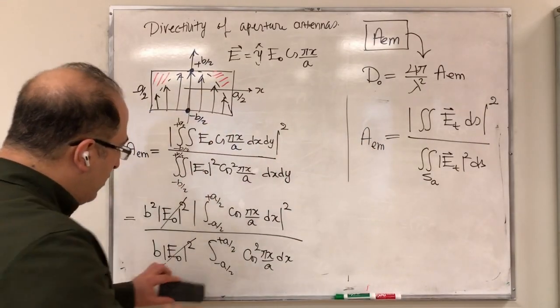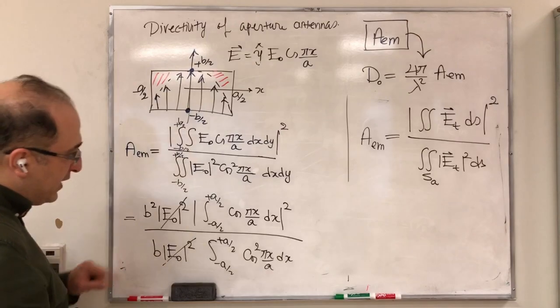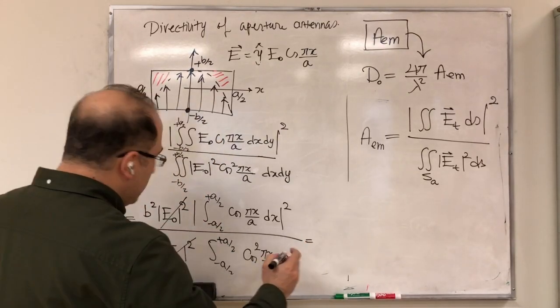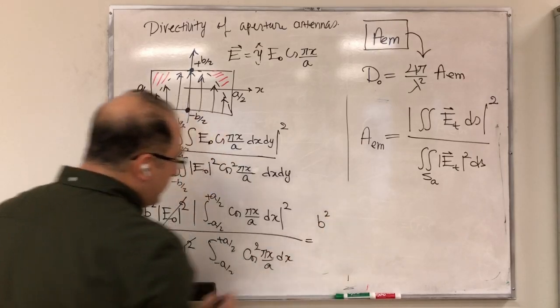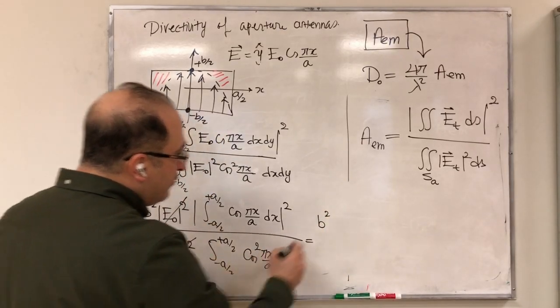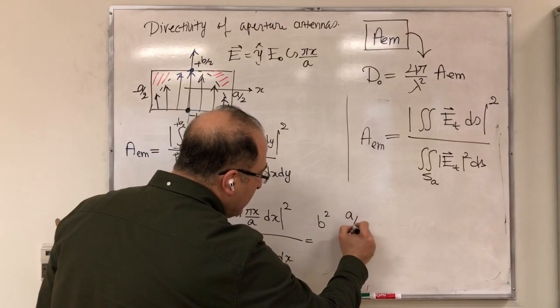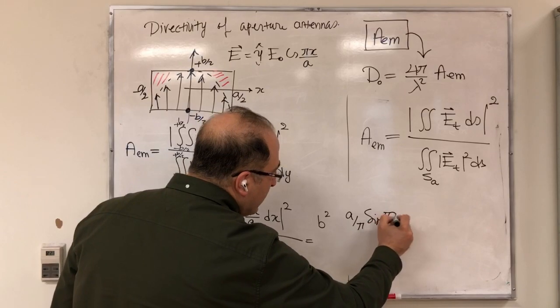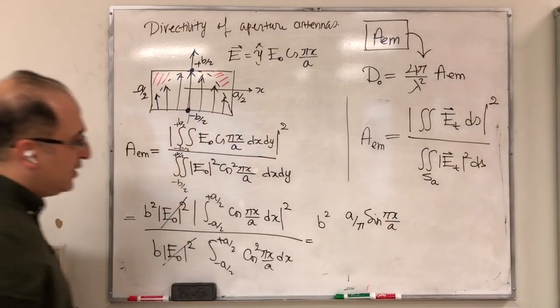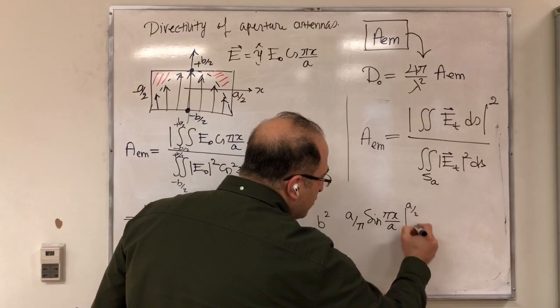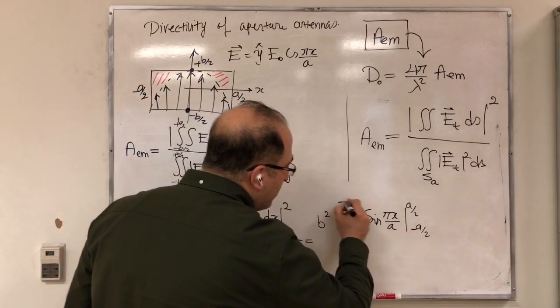So now for this one here, I'm going to get b squared, and then the integral here would be a divided by pi sine pi x divided by a, from a divided by 2 to minus a divided by 2.